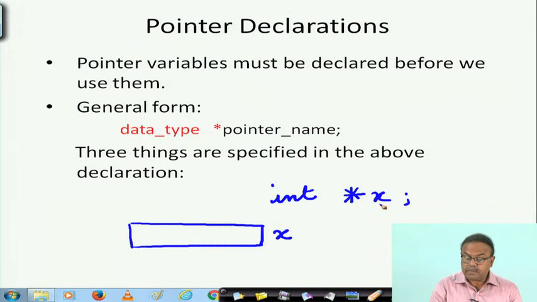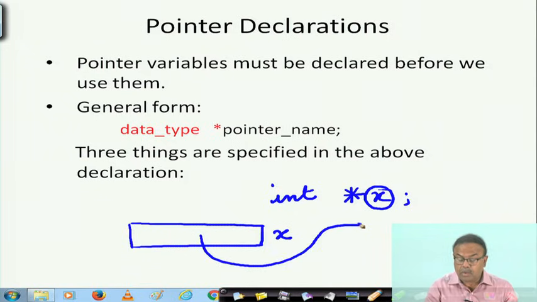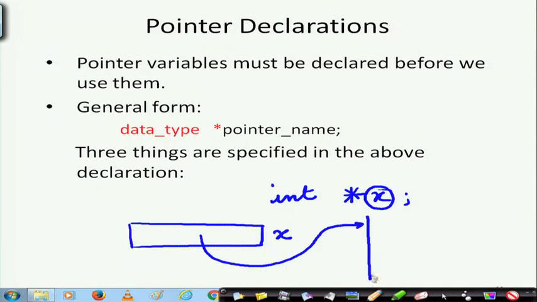X is a variable, absolutely sorry. X is a pointer which is allowed to point to variables of type integer only.